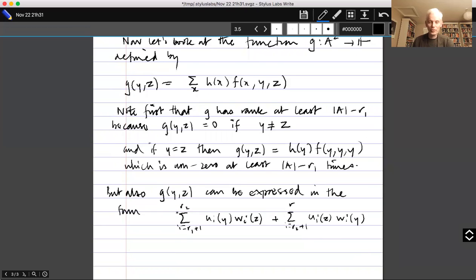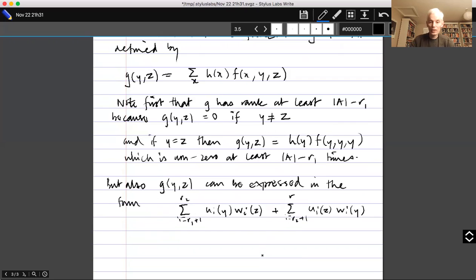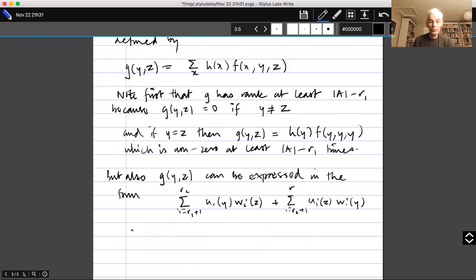And just to repeat, the first bit of this thing vanished because of H being orthogonal to the u_i that were functions of x. So G has rank at most the number of terms we've got here, which is R minus R1.